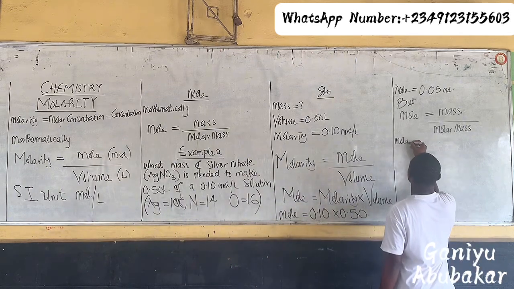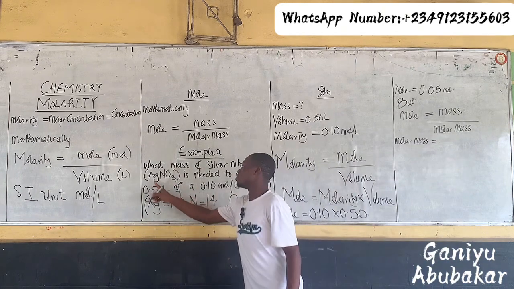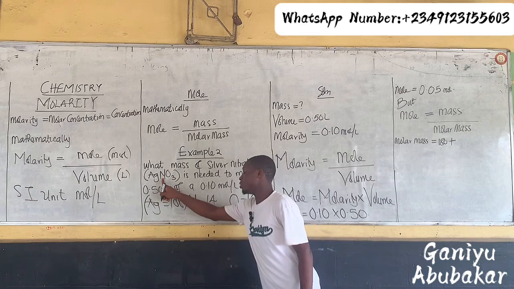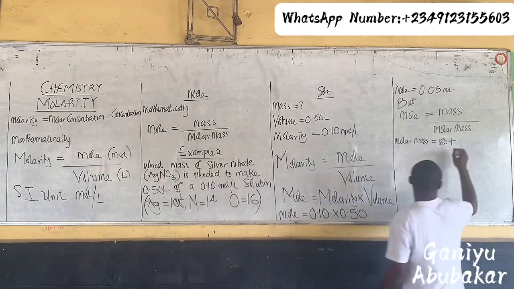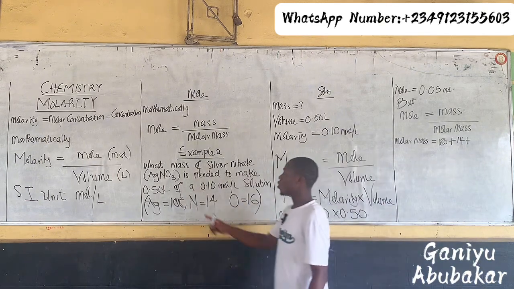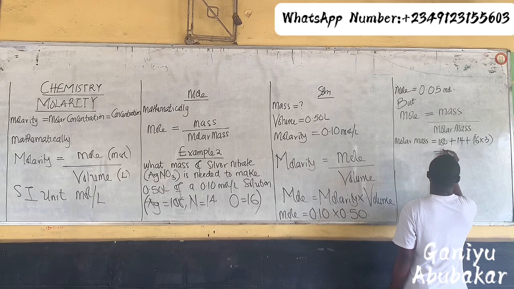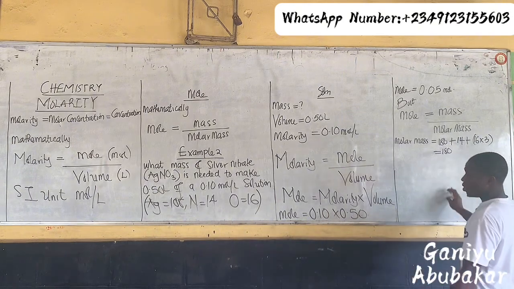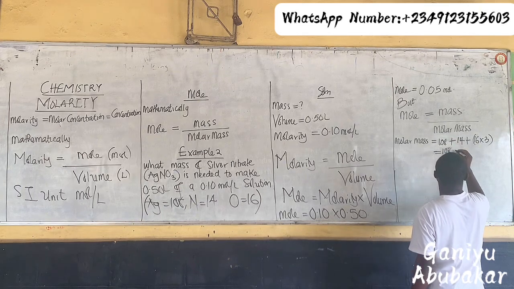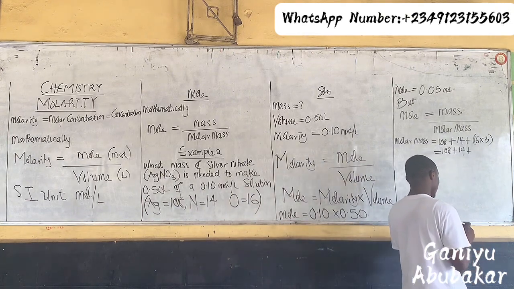So molar mass is equal to, first, I have silver, which is 108, plus nitrogen, which is 14, plus oxygen, which is of course 16 times 3, because I have 3 atoms of oxygen. 16 times 3 is of course 48.